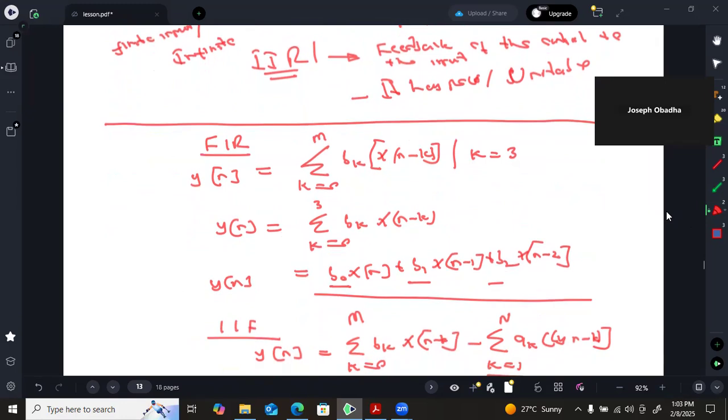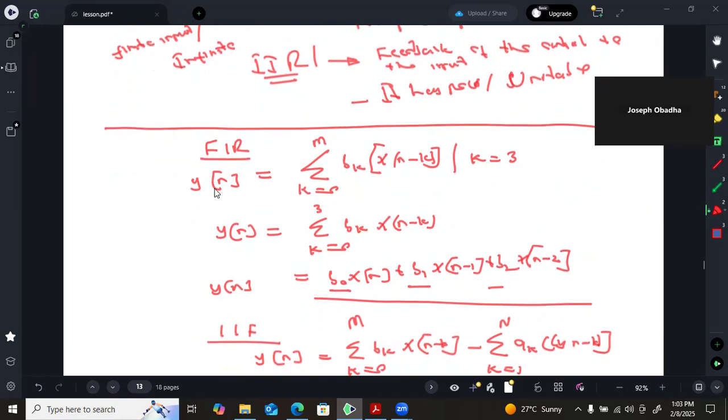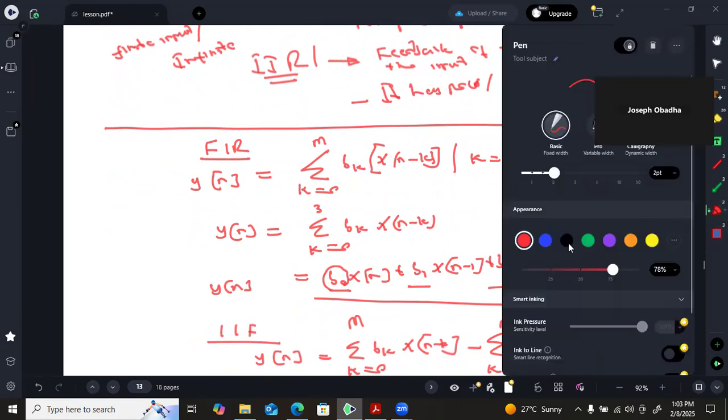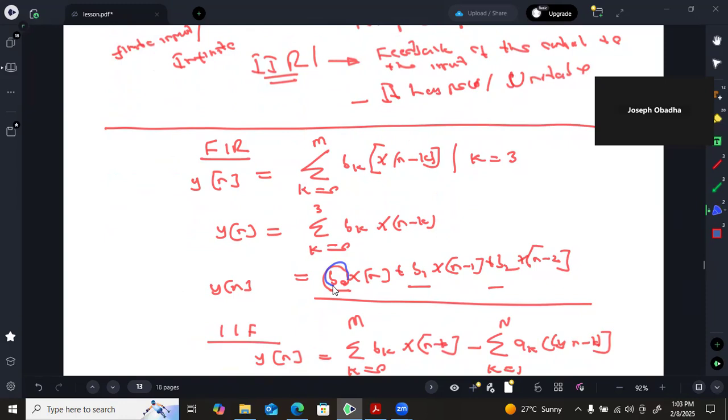So in any of these filters, like this one, if we have these coefficients, then it fully defines what the filter does. The coefficients b0, b1, b2. Because what that would imply when we are implementing the system is that you have your input x of n coming, the one which is not delayed multiplied by b0, the one which is delayed by 1 unit multiplied by b1, the one which is delayed by 2 units multiplied by b2.